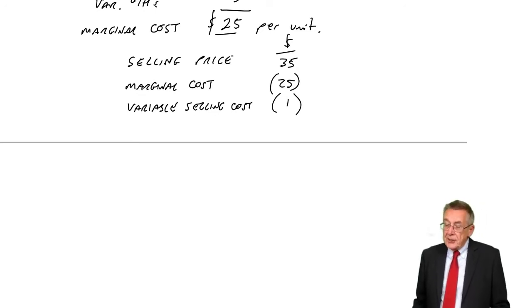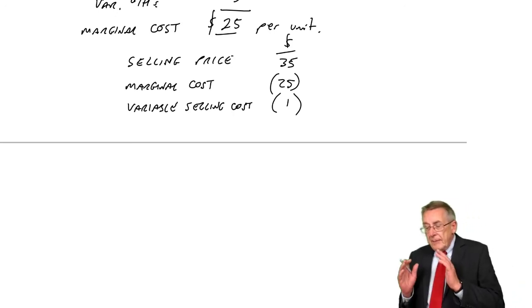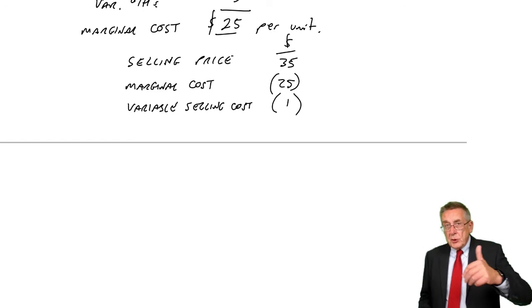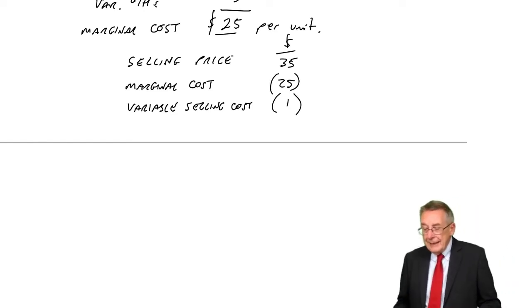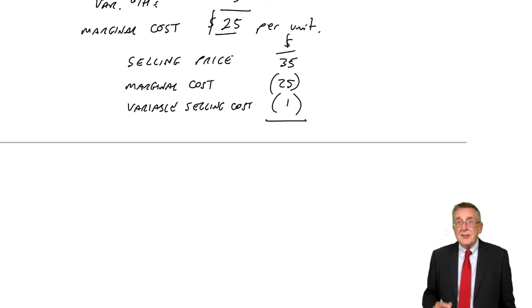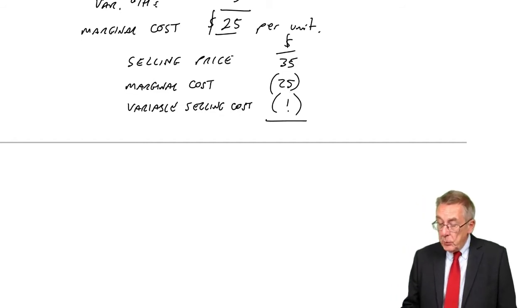I've brought it in here just to make the point that, as a result, since the variable costs are 25 for production, another $1 for selling, the profit we're going to make before any fixed costs is 35 less 25 less 1, $9 per unit.